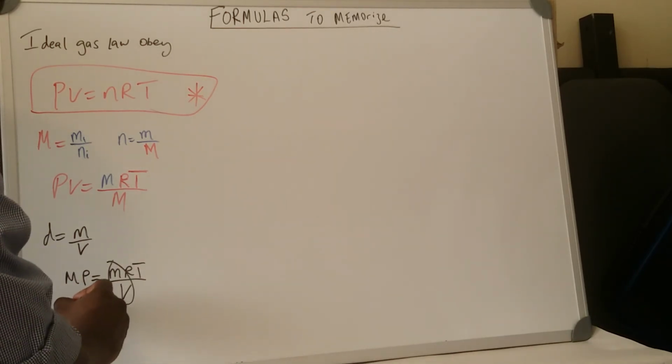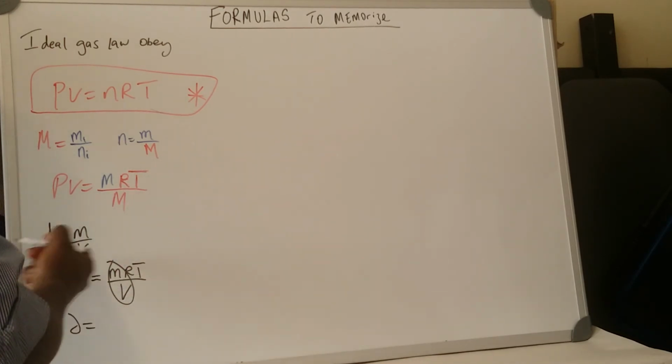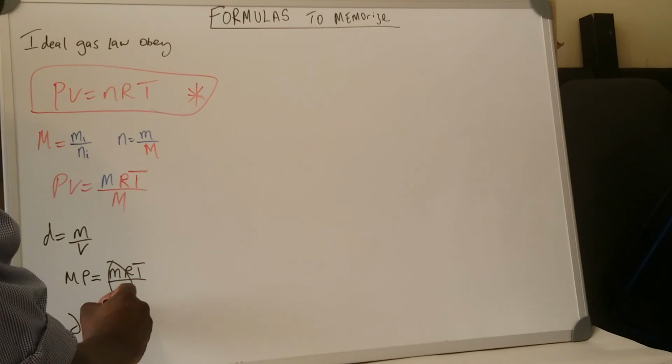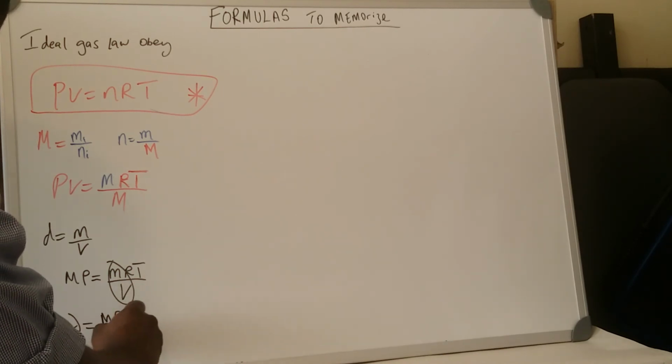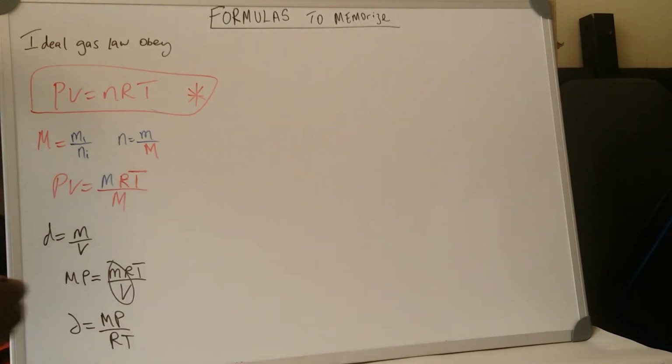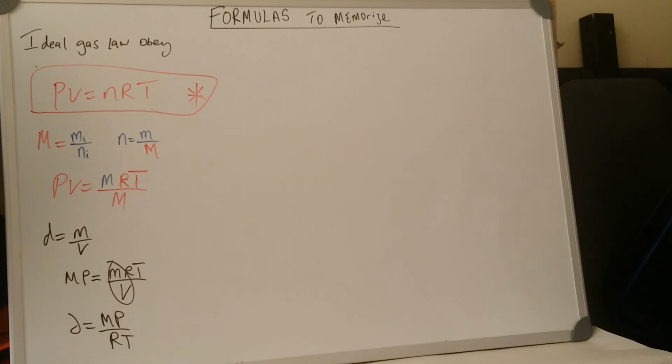So we can write density equals, in other words, MP over RT. So instead of memorizing all these formulas, you just memorize this formula, and that's it. So we have gas constants.